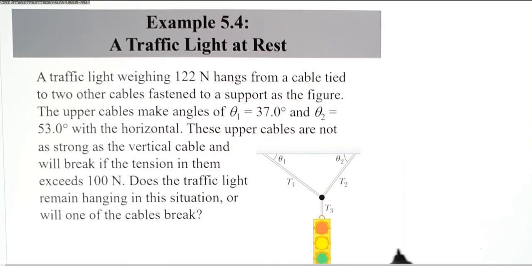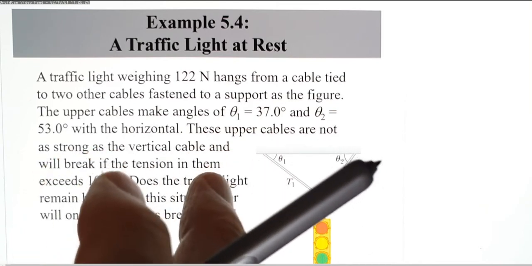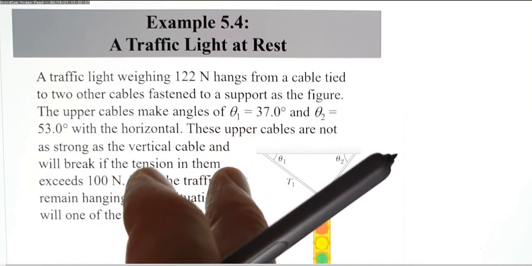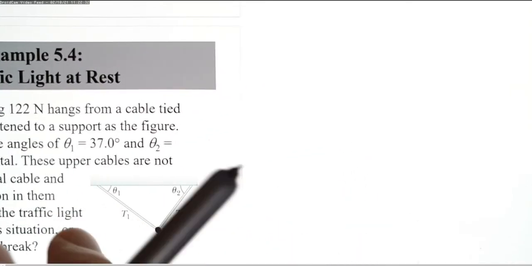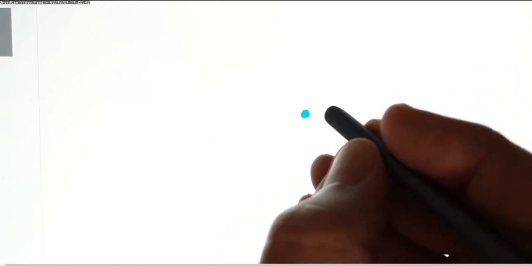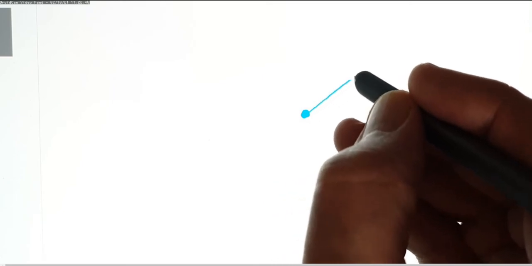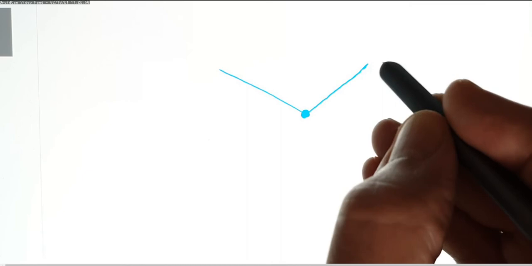Okay, so let's start to solve the problem and write our information. As we said, let's draw our problem. So here is the point where we have, after it, two wires.